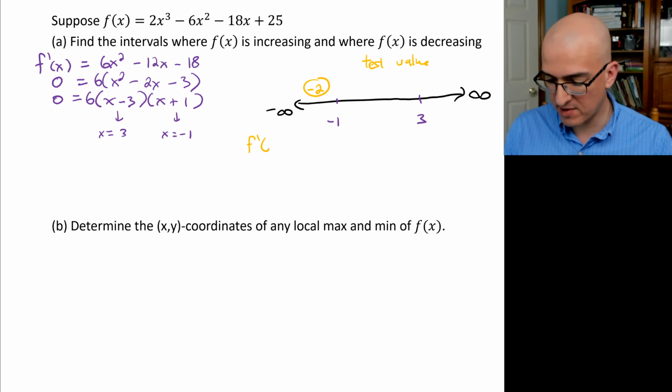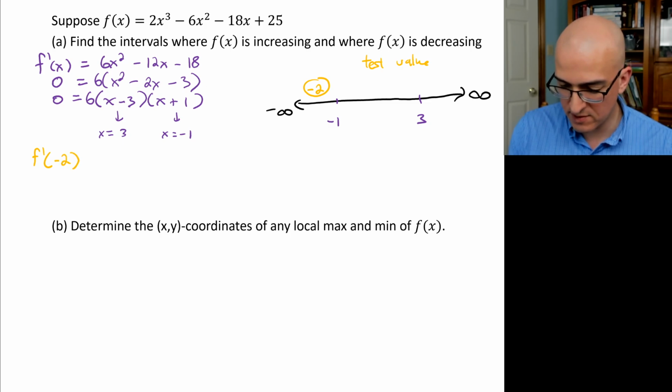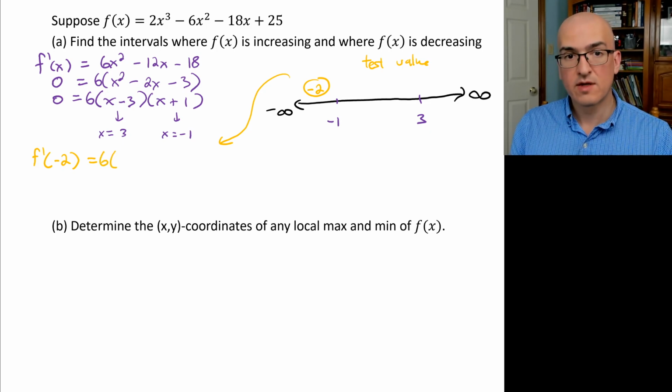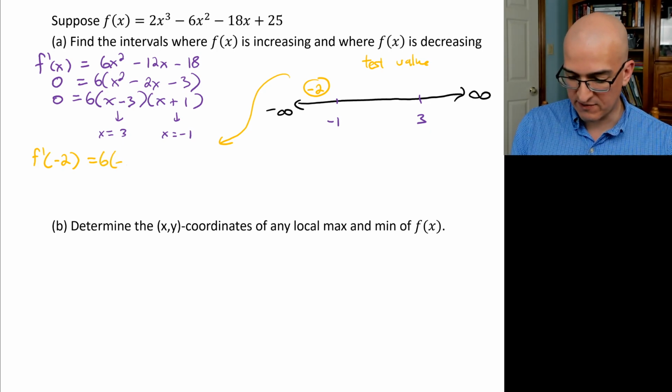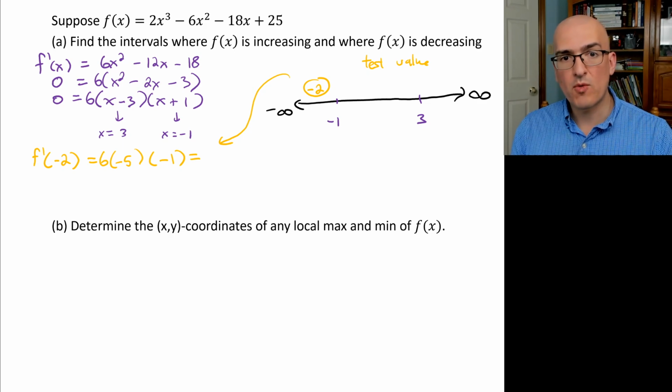So f prime, and I'll do it over on the left-hand side because there's some space over there. f prime at negative 2 is 6 times negative 2 minus 3, so negative 5, times negative 2 plus 1, so negative 1. You can multiply them all if you want, but all that matters is is this positive or is this negative?